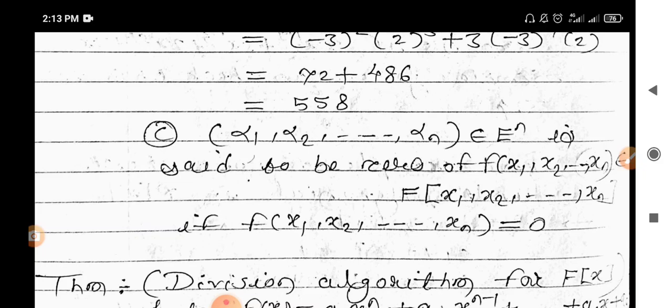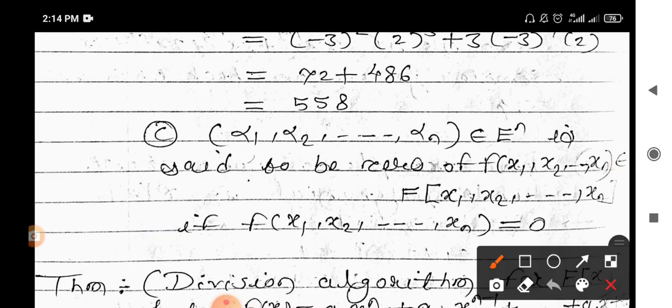A polynomial in terms of variables x1, x2, xn belonging to the domain, that is the polynomial ring capital F of x1, x2, xn, is said to be zero if f of x1, x2 up to xn must be 0. Therefore, in that way we can solve that problem.